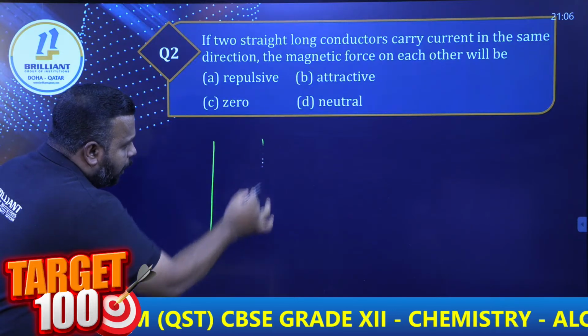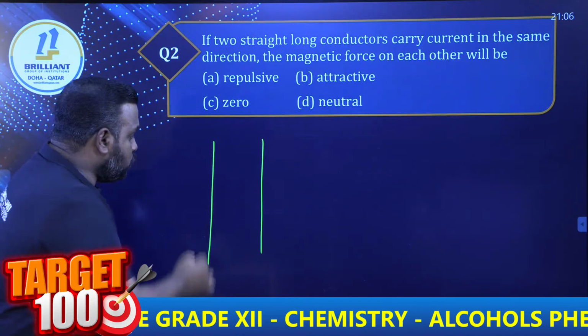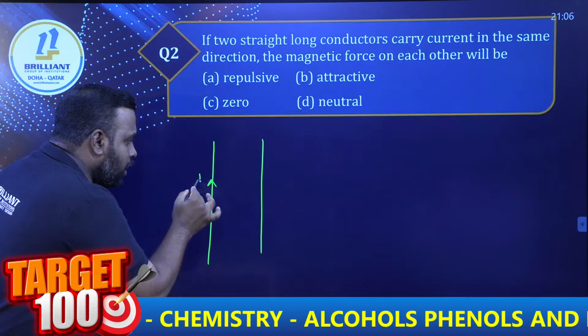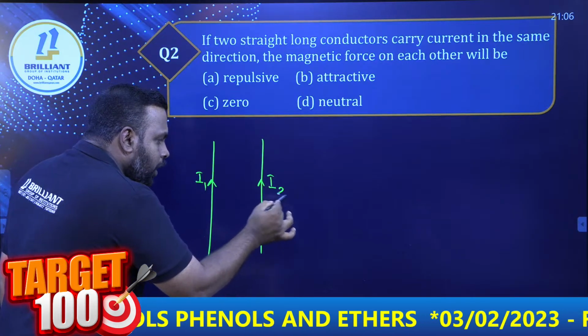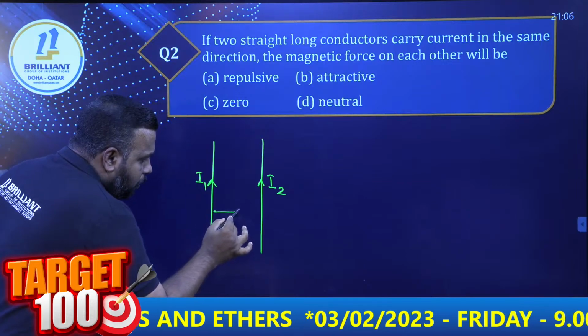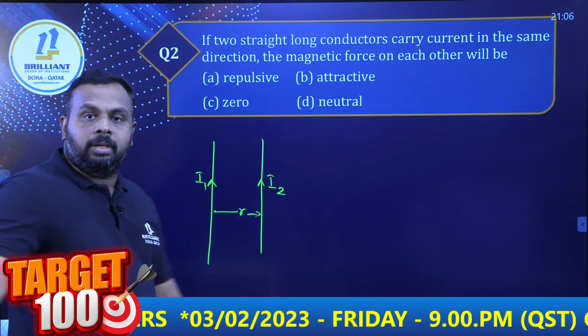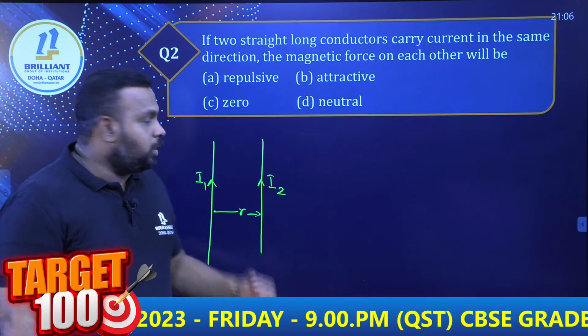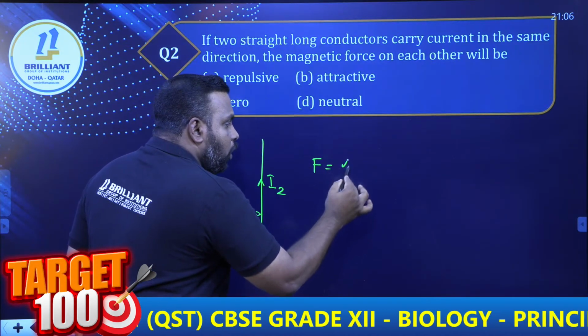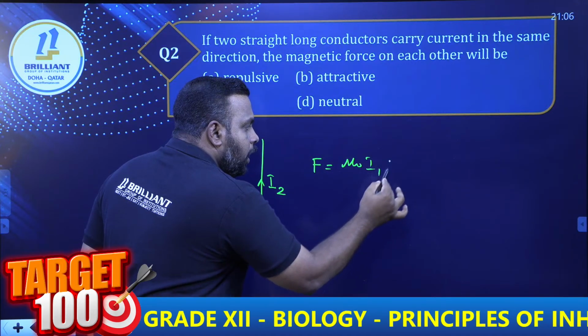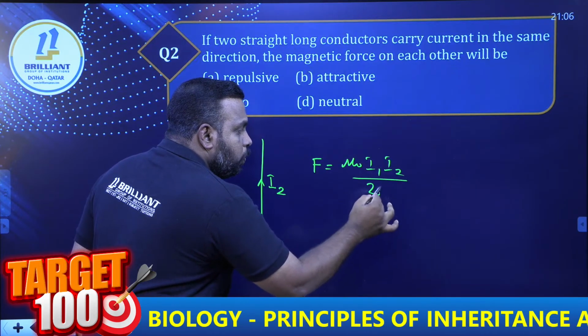Take two conductors. This one is carrying a current I1, another conductor is carrying a current I2. And if these two conductors are separated by a distance r, what is the formula? You should recall the formula. F is equal to mu naught I1 I2 by 2 pi r.